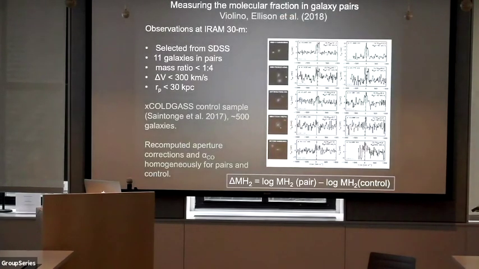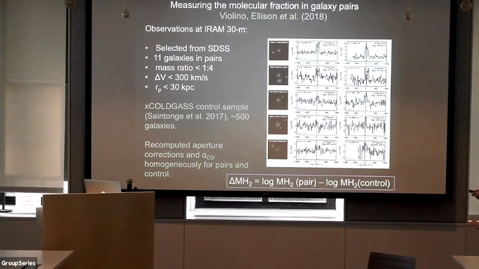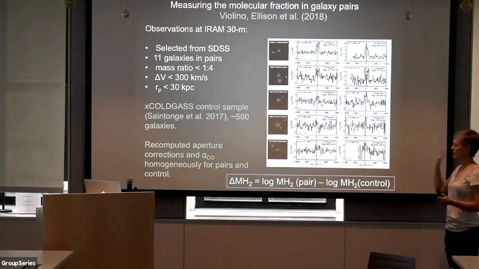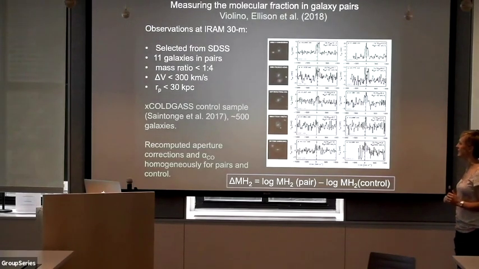So we needed to go out and make new observations for this, because gas fractions are not part of what you get from Sloan. We started off with measuring the molecular gas fraction in a fairly small sample of galaxy pairs. We had 11 galaxies in pairs selected according to these criteria, and we made observations with the IRAM 30 meter to measure the H2 content, so molecular gas content.